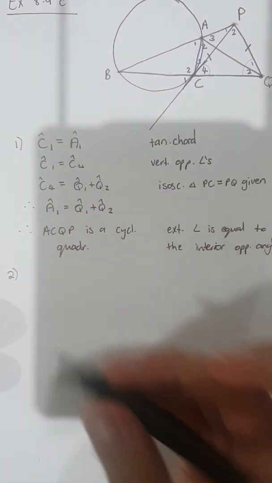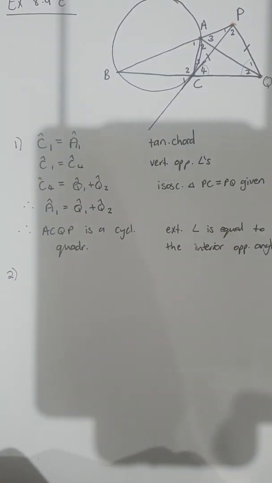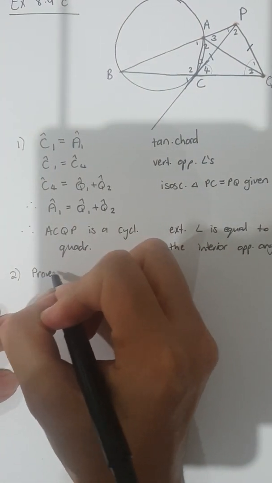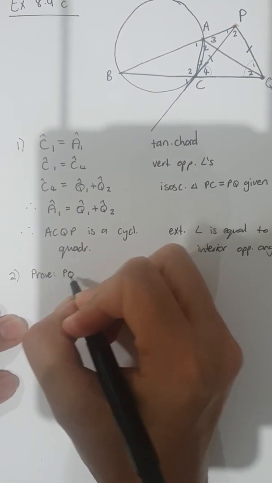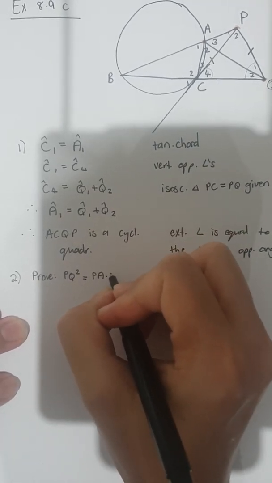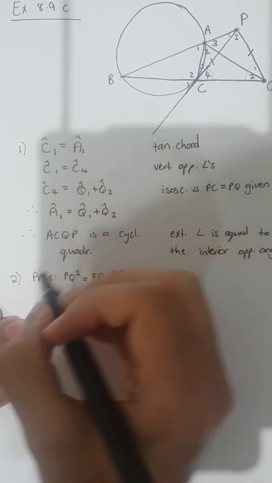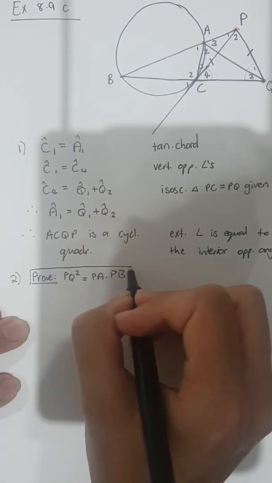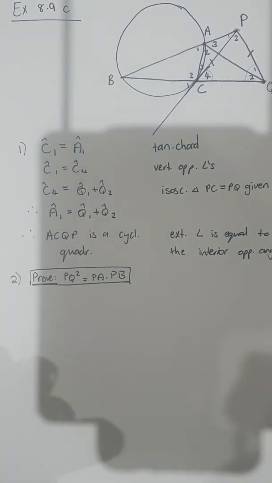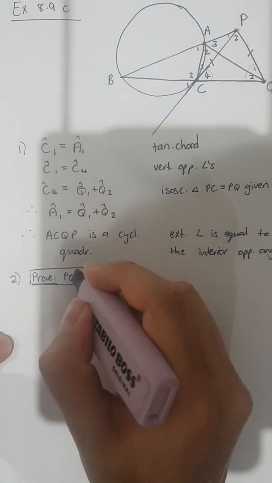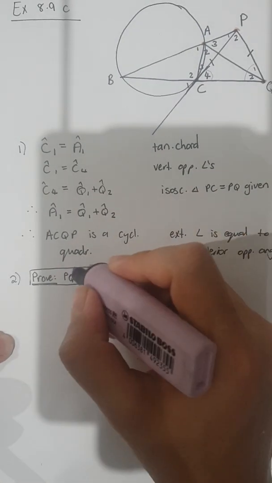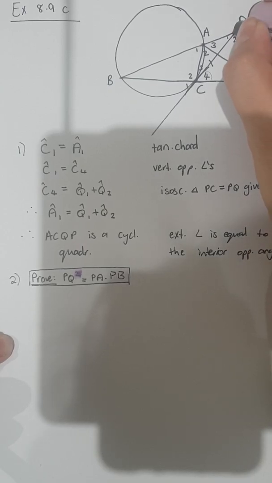Question 2 asks me to prove that PQ squared is equal to PA times PB. So this is what I have to prove. PQ squared. So this I usually see as 2 triangles sharing PQ.